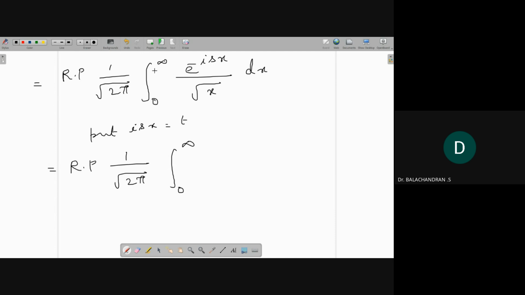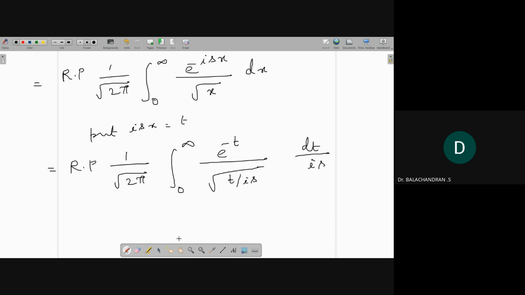There is no change in the limits. e power minus isx is e power minus t, root of x, where x is equal to t by is. And dx is dt by is.